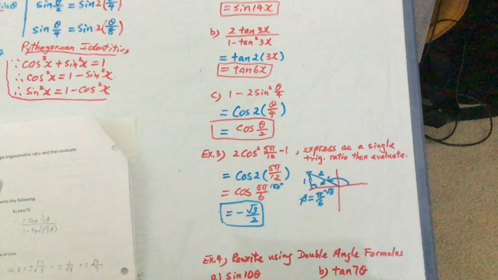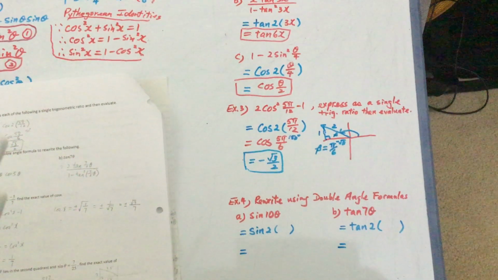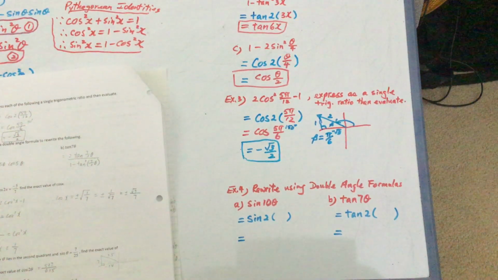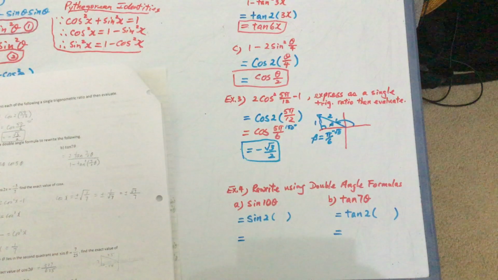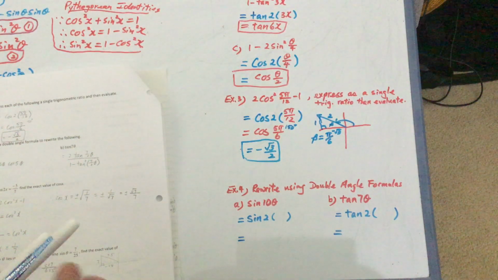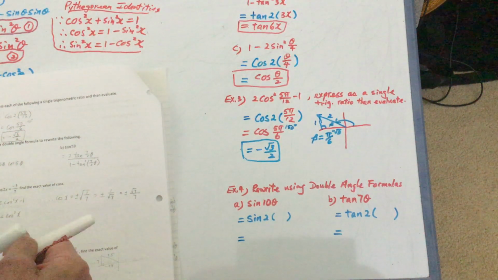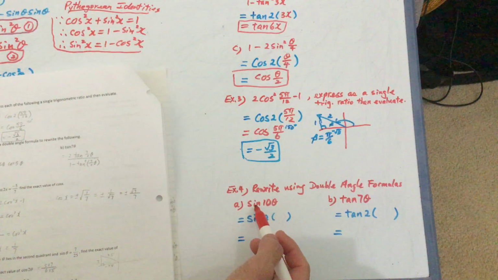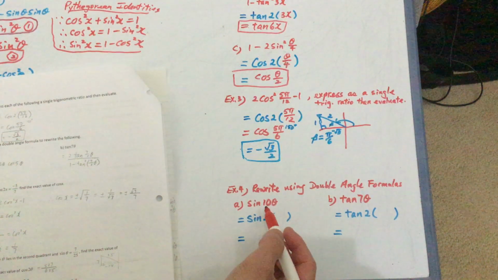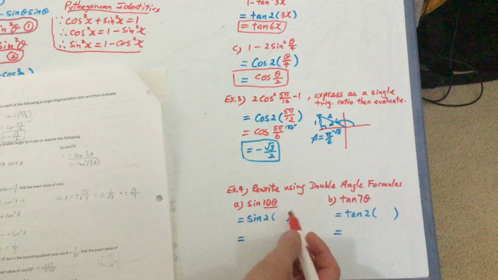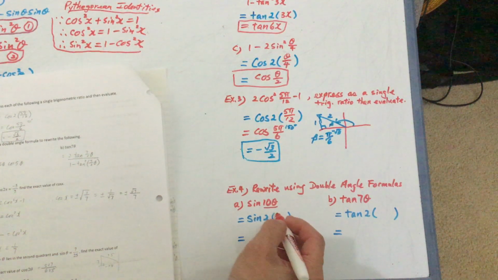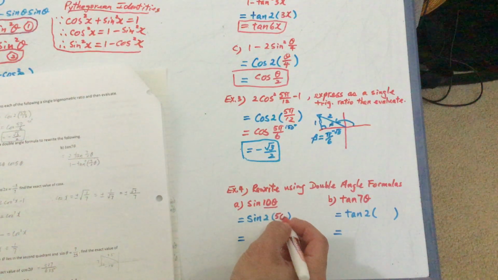Okay, and finally, example number 4. When you have to rewrite using a double angles formula for the following. So this is another practice. So for sine 10 theta, if you need to break this into 2 times something, then that has to be a 5 theta.